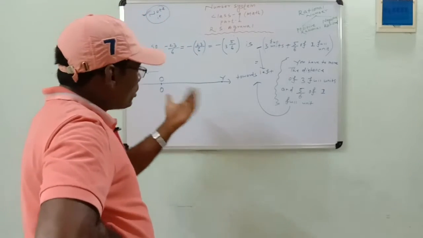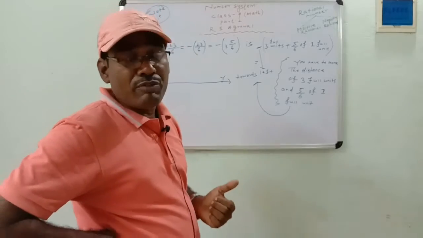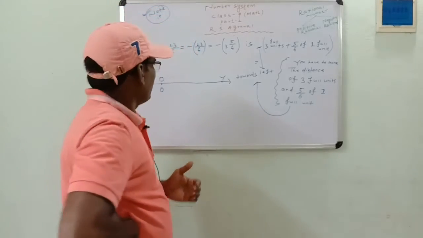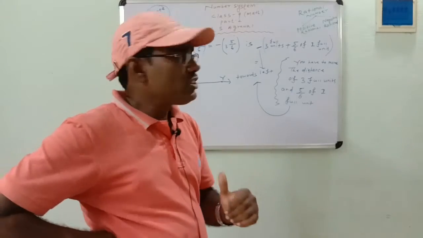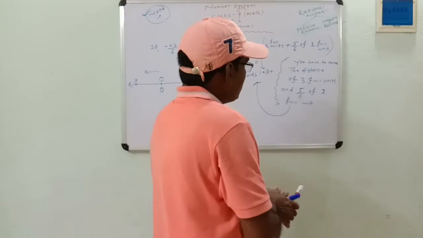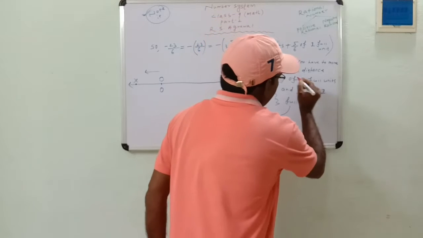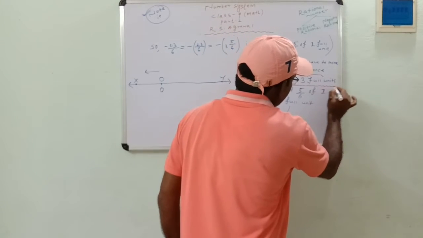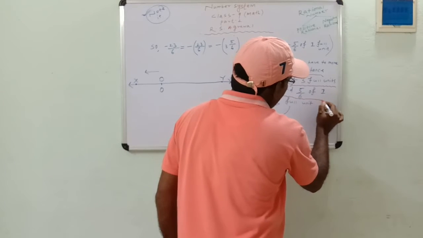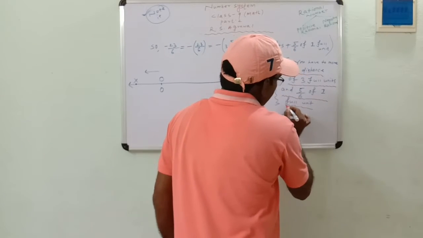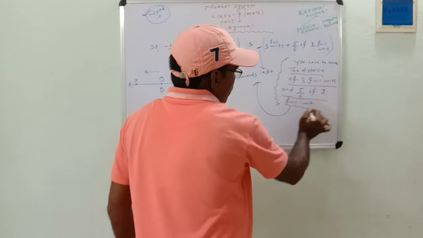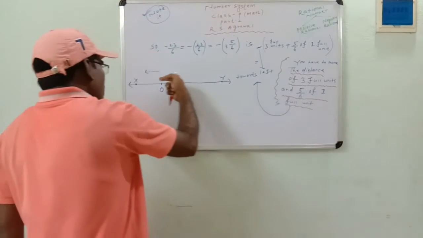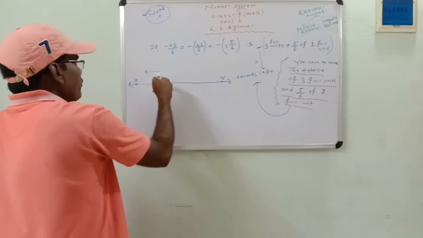So how much distance do you have to cover, or travel from 0 towards the left? The distance is 3 full units and 5/6 of 1 full unit. So this distance you have to cover in the direction of left from 0.